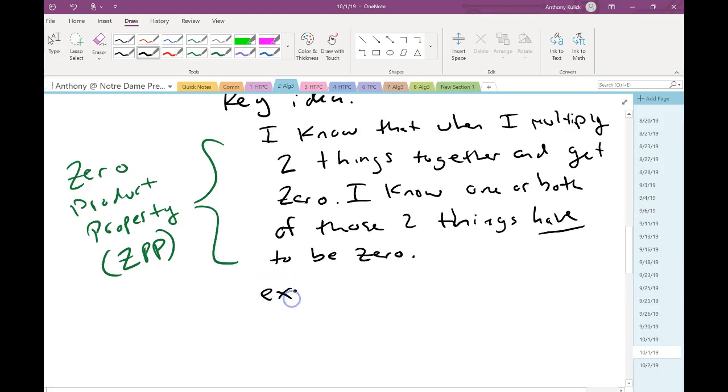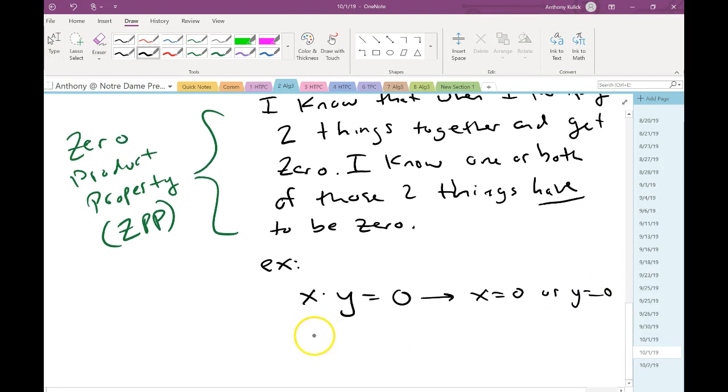So just to make an example, if I say I have x times y and that gives me 0, that tells me that x would have to be 0 or that y would have to be 0, right? This doesn't work for any other number. Suppose I have x times y equals 1.